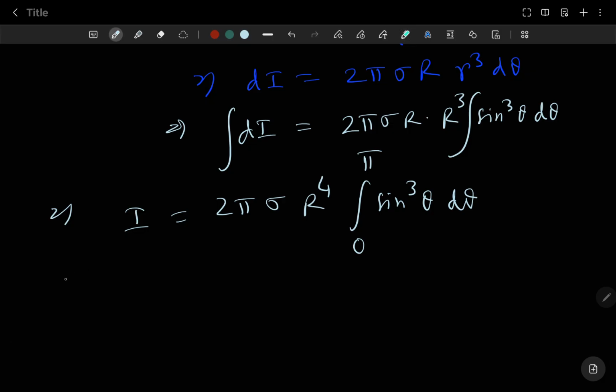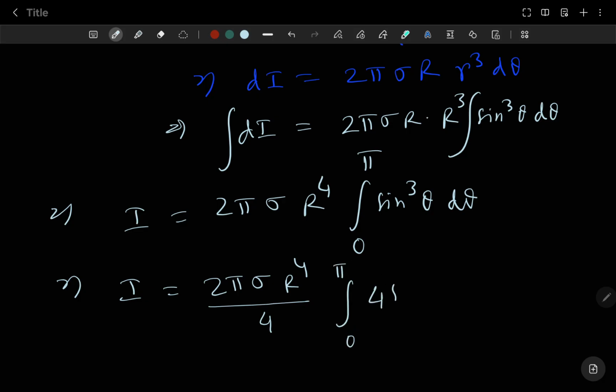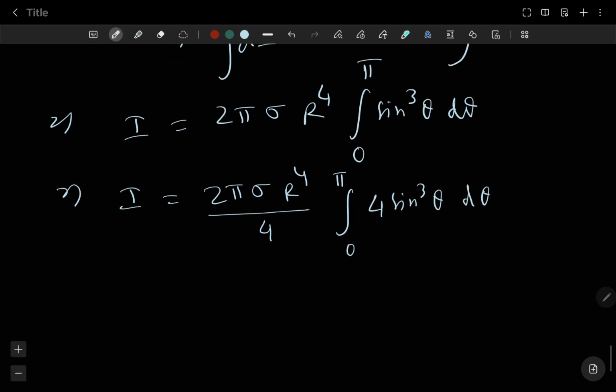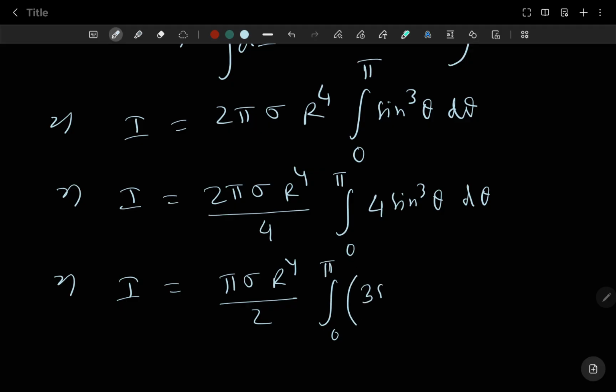So it is I equals 2 pi sigma r to the power 4. Now if you multiply the numerator and denominator by 4, you get 4 sin cube theta. Now from trigonometry, you know it is 3 sin theta minus sin 3 theta, by 4.